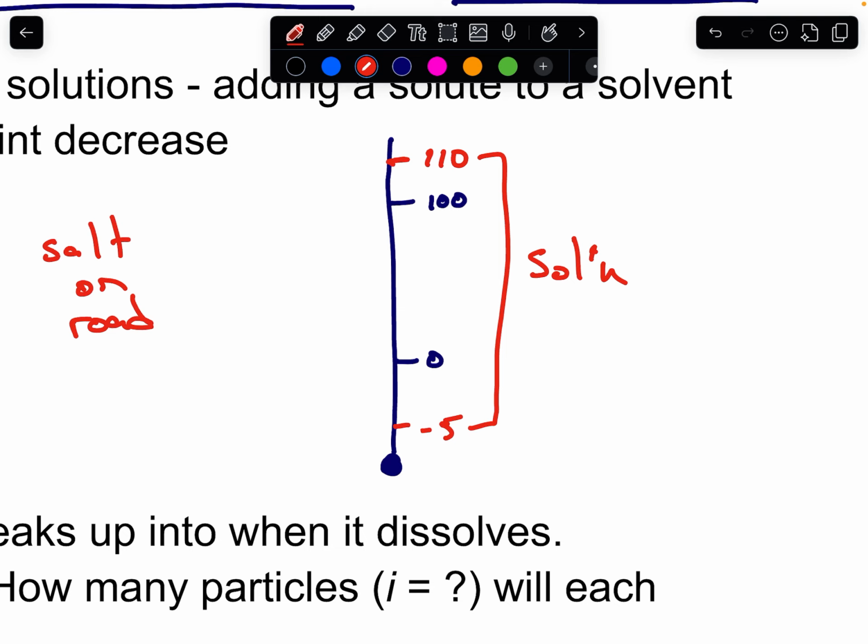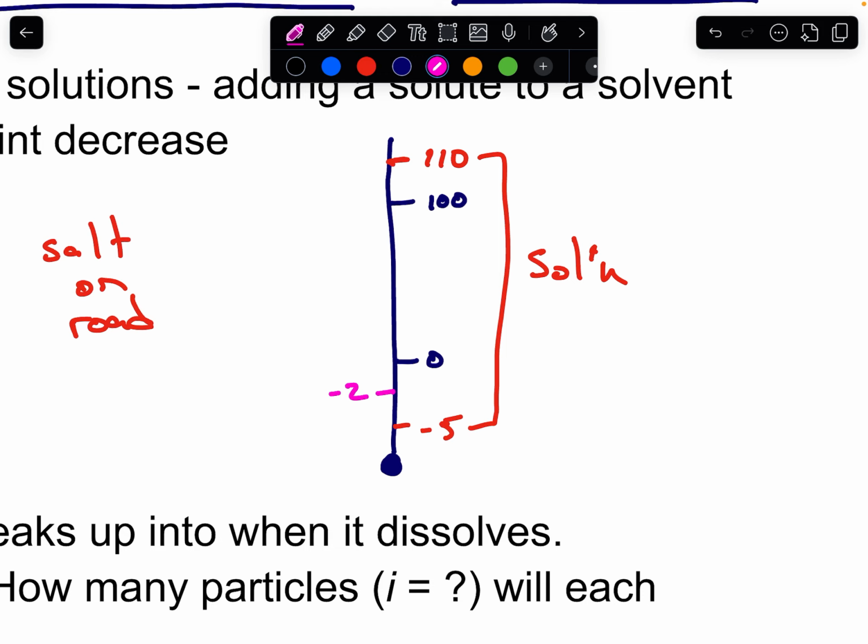To combat that, a lot of people will spread salt out. The reason why that works is that as the salt starts to dissolve, it makes a solution with the ice.